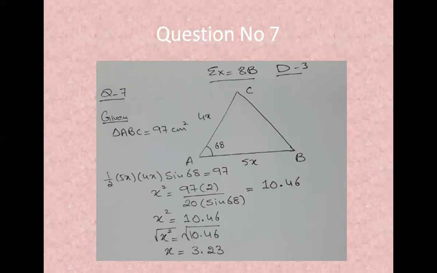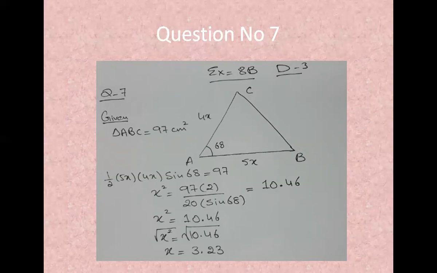The next question is question number 7. He says, in the triangle ABC, AB is 5x and AC is 4x centimeter, and the angle BAC is 68 degree. That diagram is also given there.